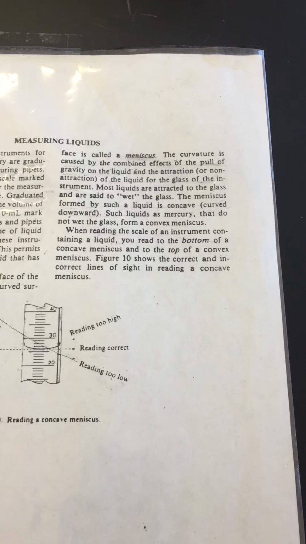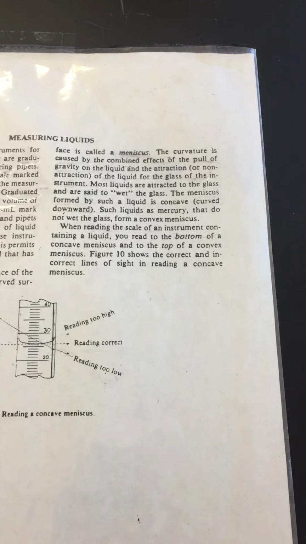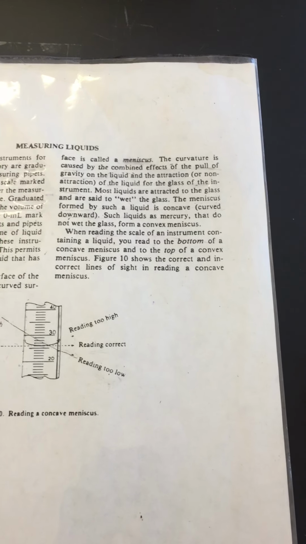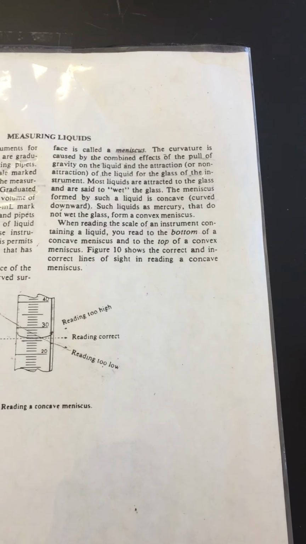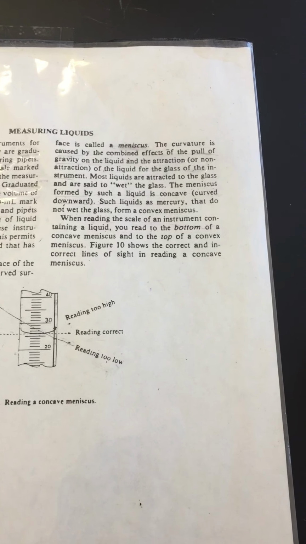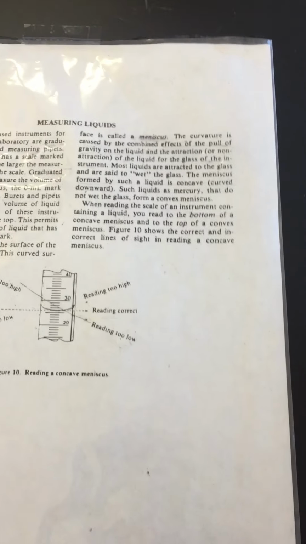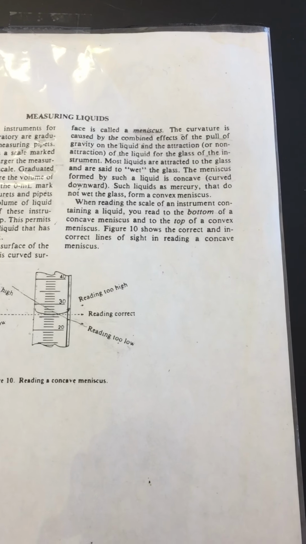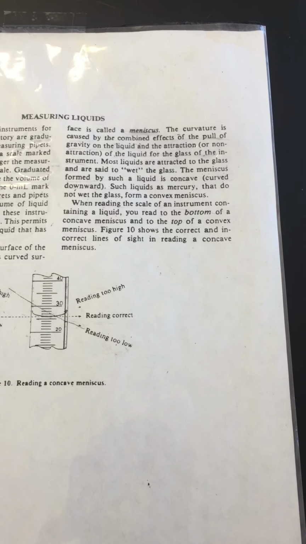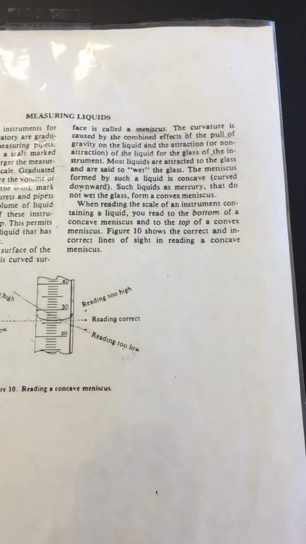The curvature is caused by the combined effects of the pull of gravity on the liquid and the attraction or non-attraction of the liquid for the glass of the instrument. Most liquids are attracted to the glass and are said to wet the glass.